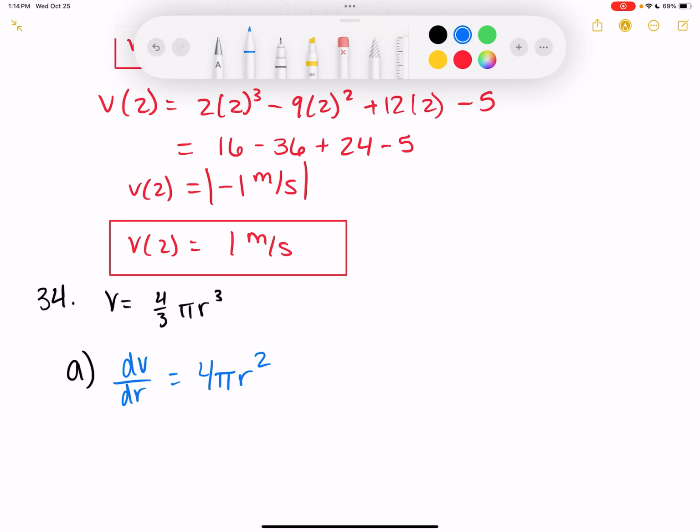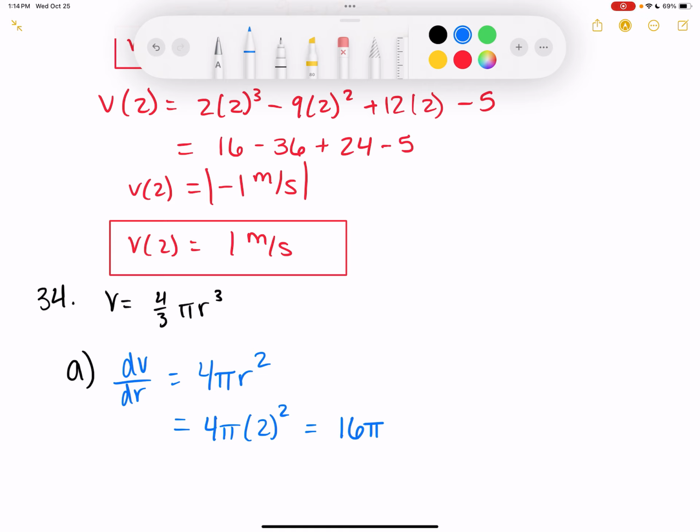Now at 2, 4 pi times 2 squared is 16 pi. The way they write this is weird. Feet cubed per foot.